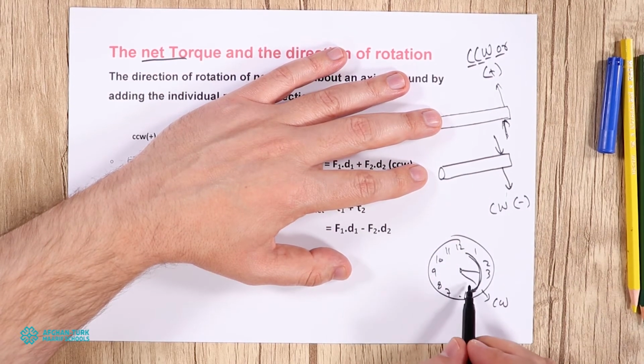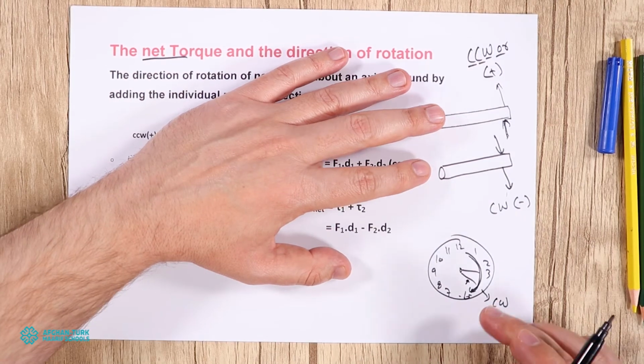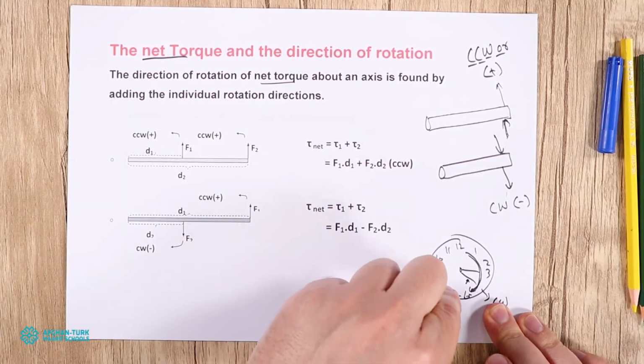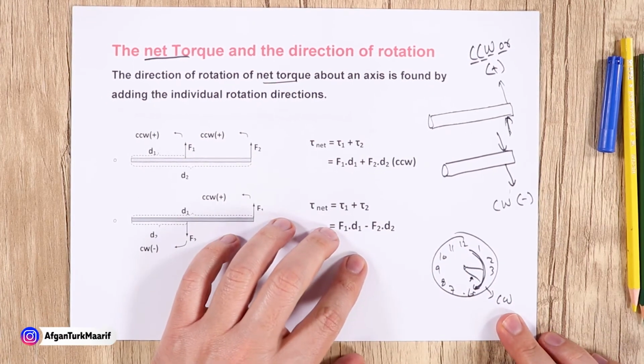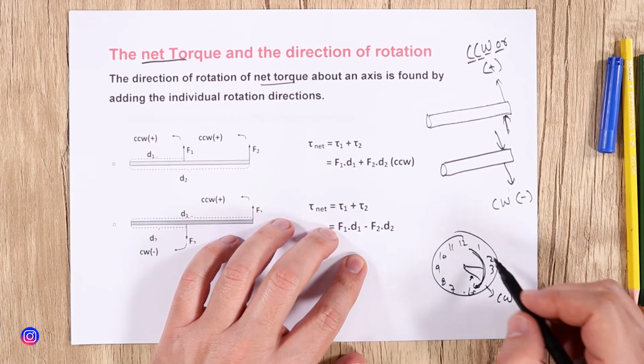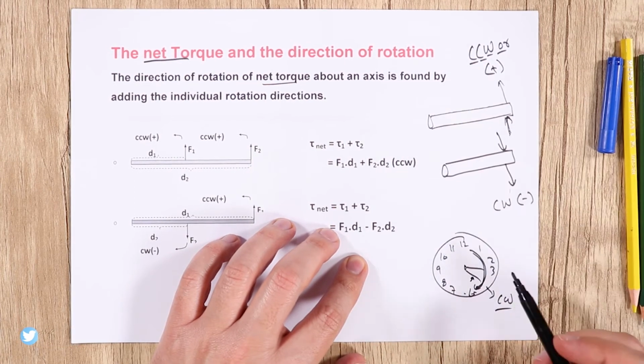But if we move this needle forcefully in the opposite direction, this is called anti-clockwise. The normal direction is clockwise, but the opposite direction is counterclockwise or anti-clockwise.